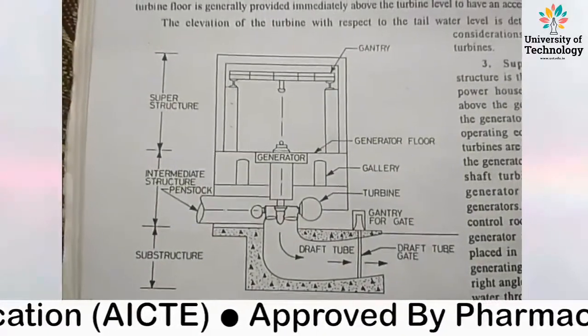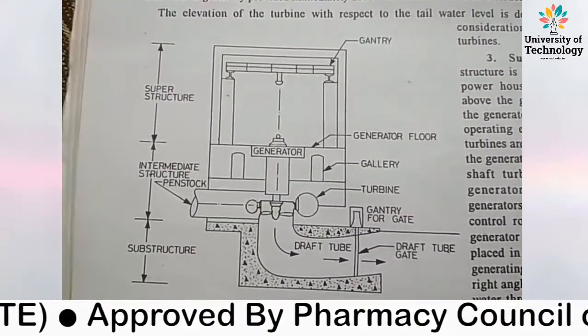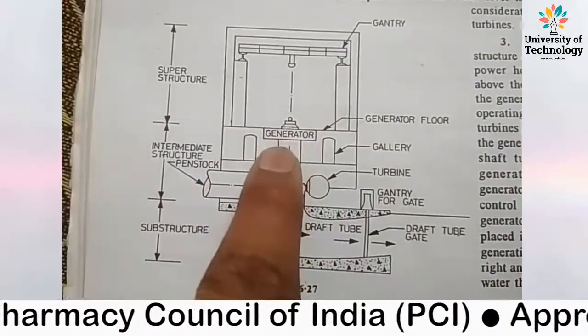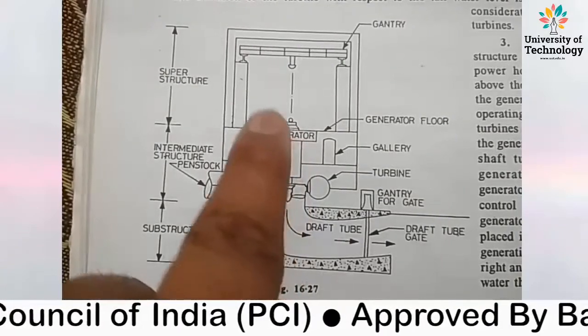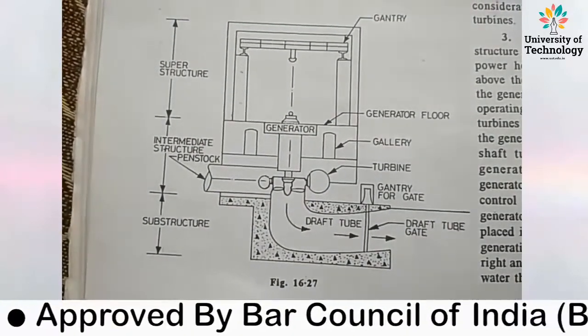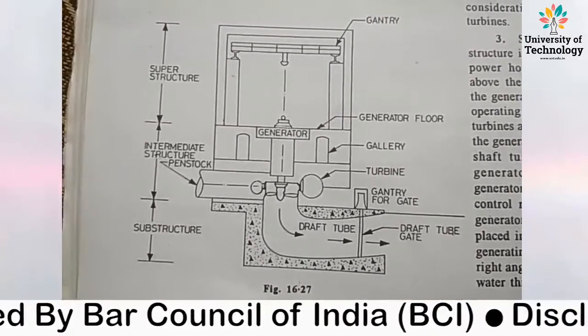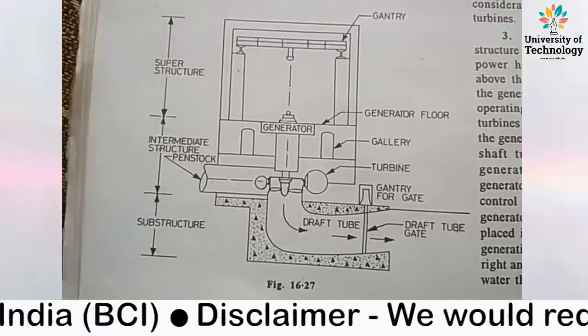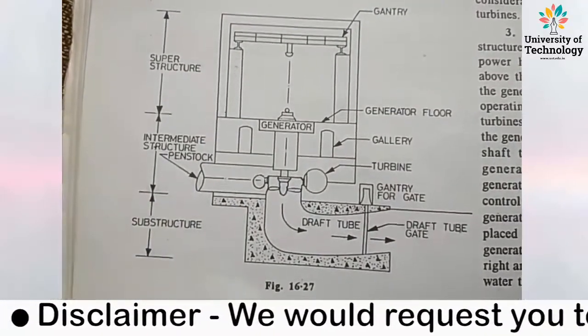You can see here the gantry girder is also placed. The gantry girder is placed spanning the width of the powerhouse and is always installed in a powerhouse, generally for carrying and lifting heavy structures from one place to another.